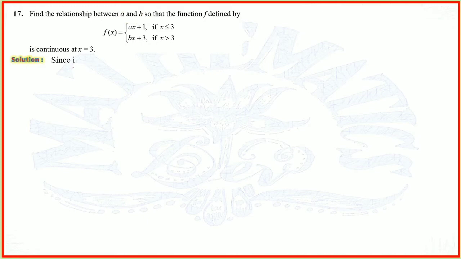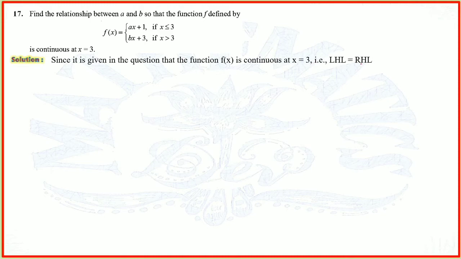Since it is given in the question that the function f of x is continuous at x equal to 3, that is, left hand limit equals right hand limit.